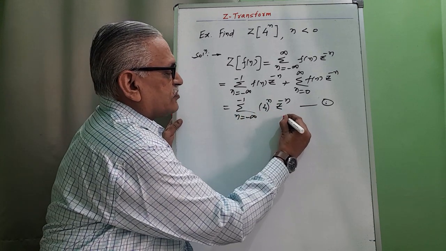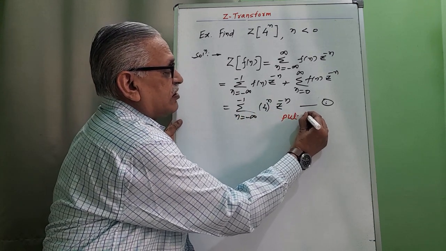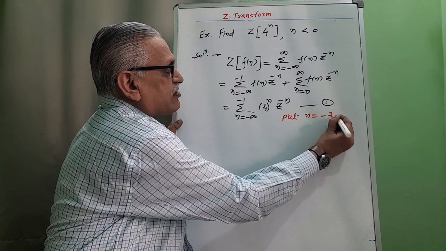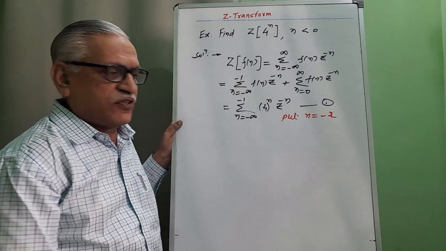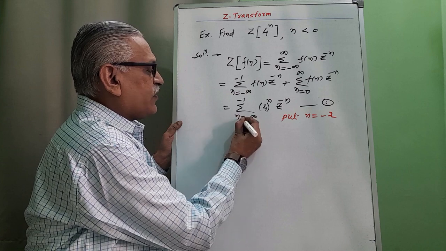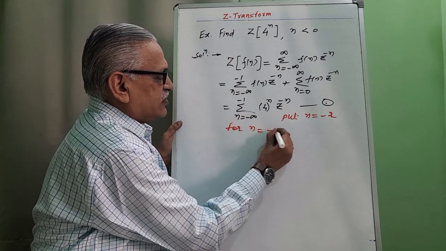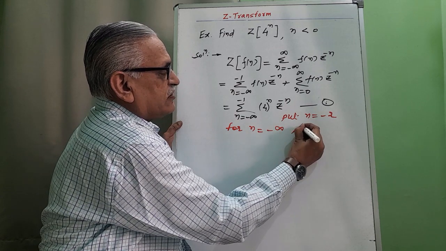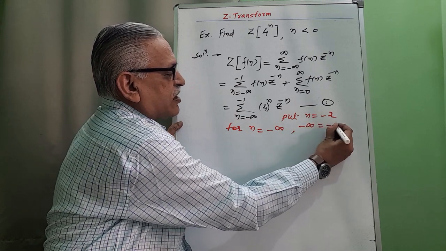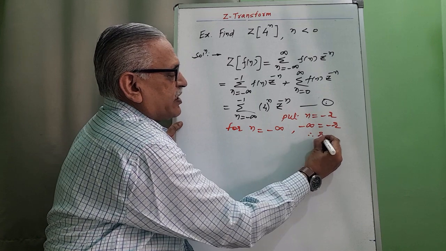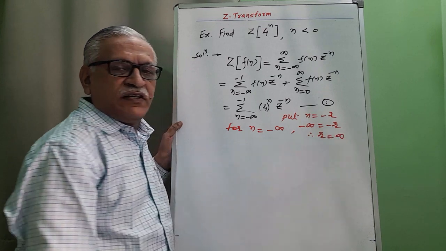We put n equals minus r in equation 1, the substitution, and then we find the new limits. For n equals minus infinity, we get minus infinity equals minus r, and therefore r equals infinity.